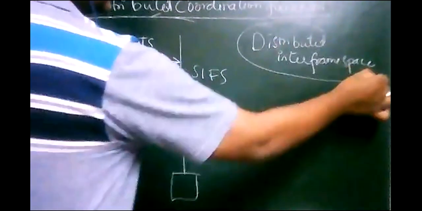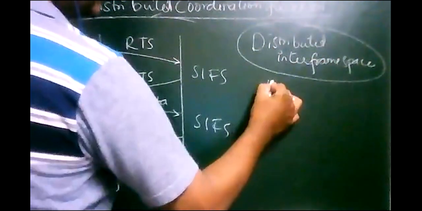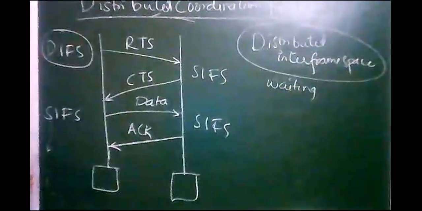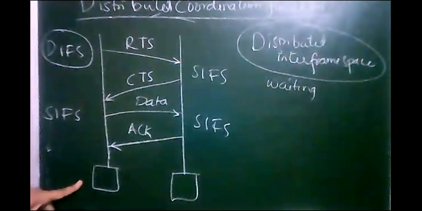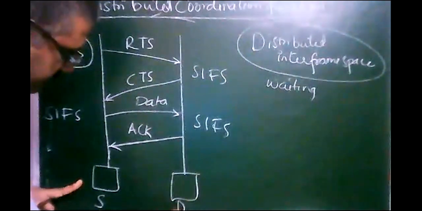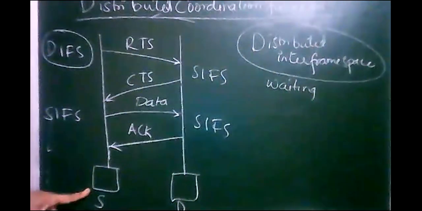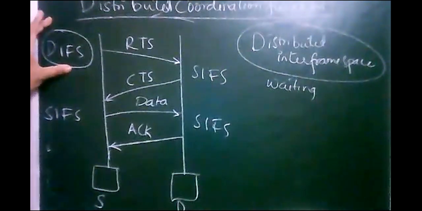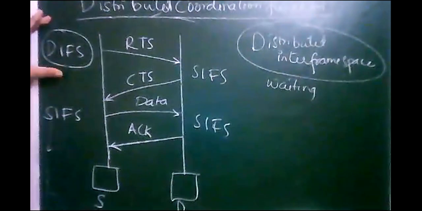This is nothing but the waiting time of a station. This is the source, this is the destination station. So it will wait for a certain period of time before it is going to send the data.